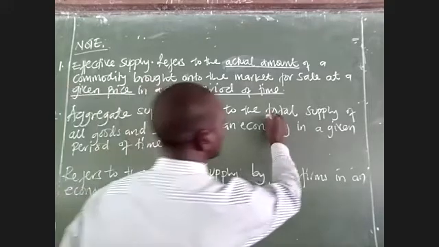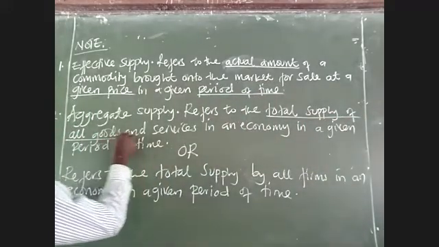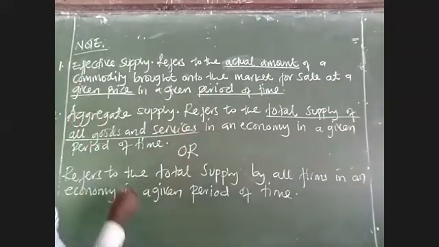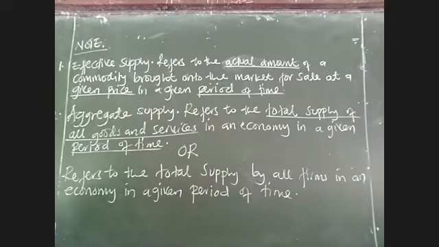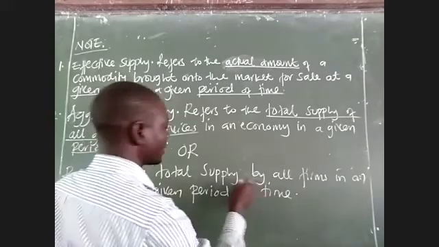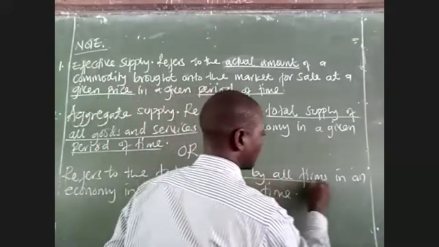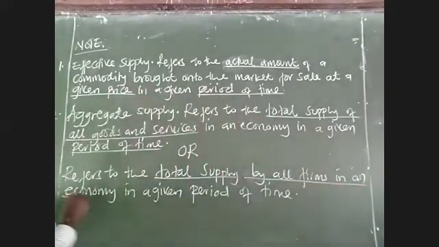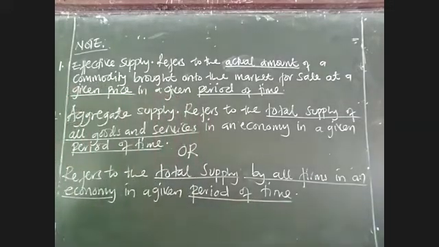So here we are highlighting total supply of all goods and services, then period of time. Here we are highlighting again total supply by all firms in an economy, then also period of time.